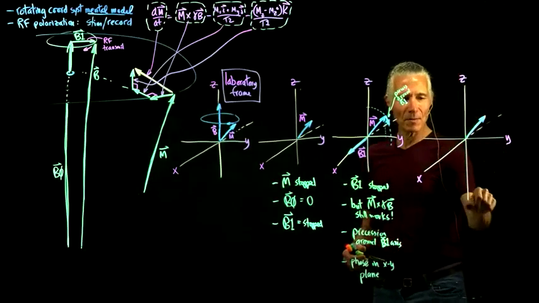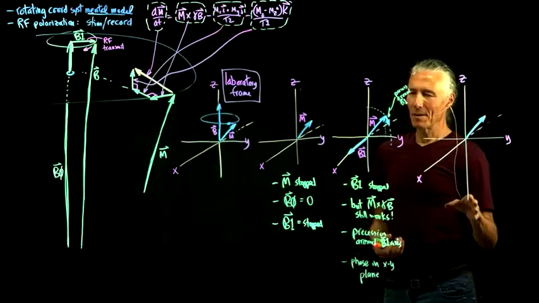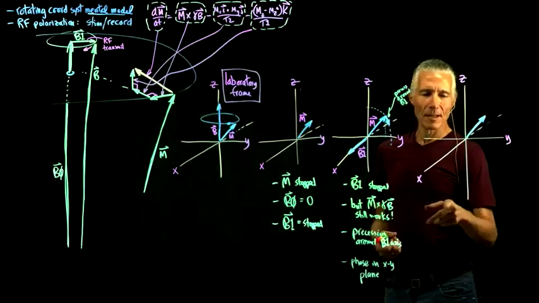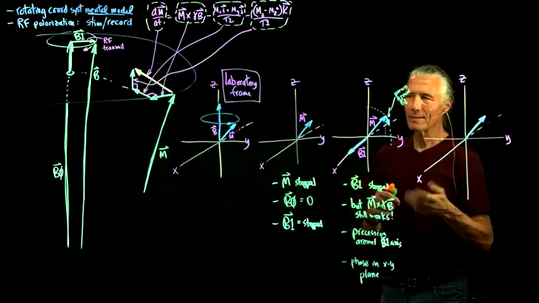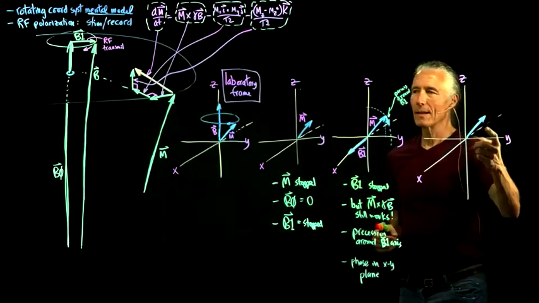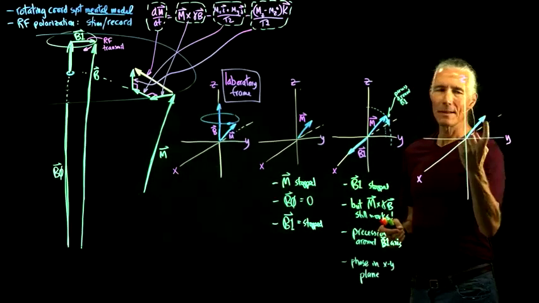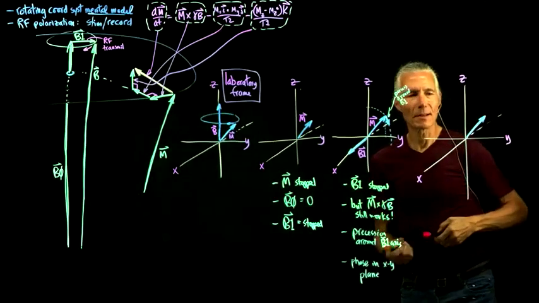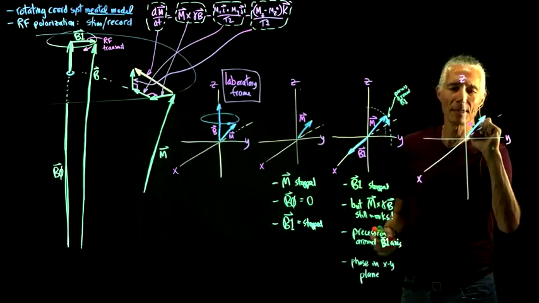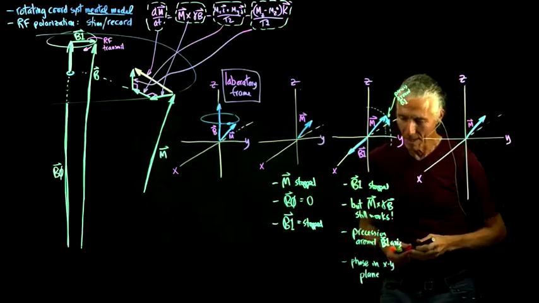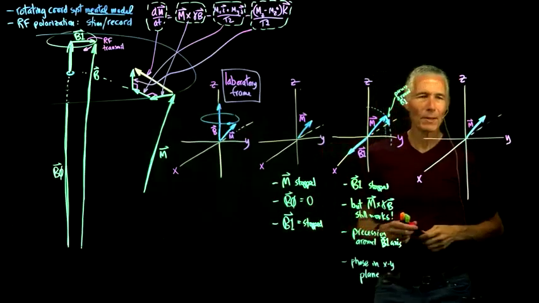Okay, so now back to this more complicated situation where we've set the rotating coordinate system slightly different than the actual speed of rotation of the M vector. And so what's going to happen?